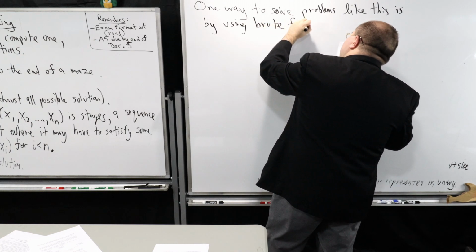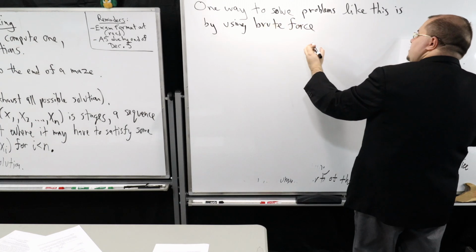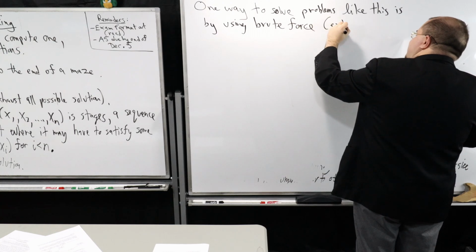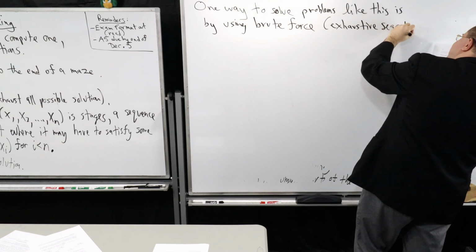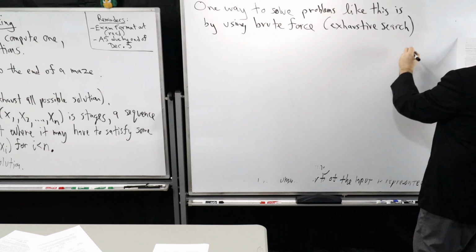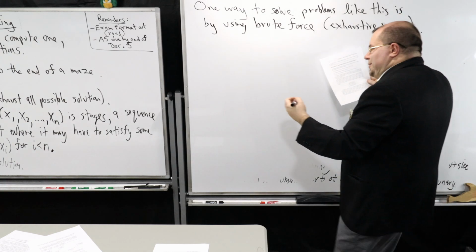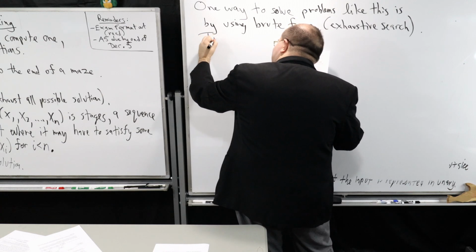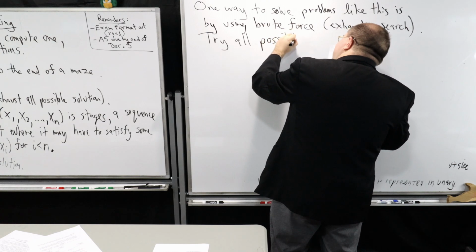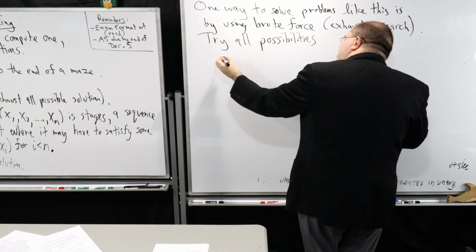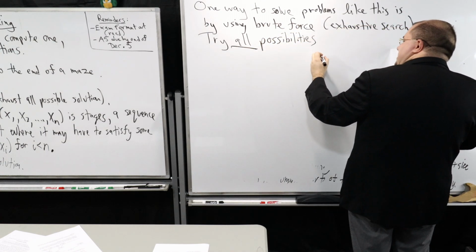And some people will call this exhaustive search. If you're curious, some people use this phrase. At least in the context I'm going to present it to you. So the first option is very natural. Try all possibilities, okay? So when we come back next time, we'll see what I mean by try all possibilities.